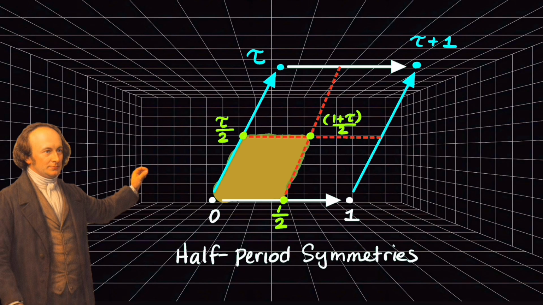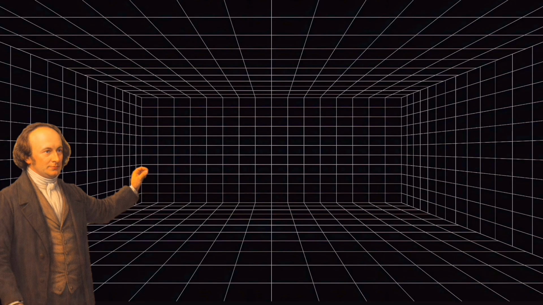And it turns out that the half-period values on this fundamental domain encode the symmetries of the theta function. And this is where Jacobi's genius comes in. He investigates the obsession that he has with symmetry and periodicity in this fundamental lattice.